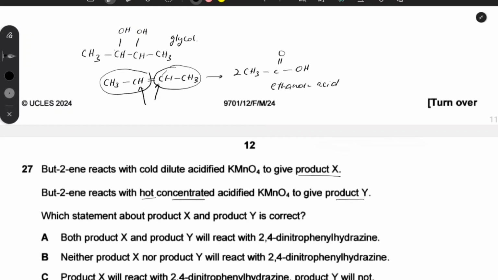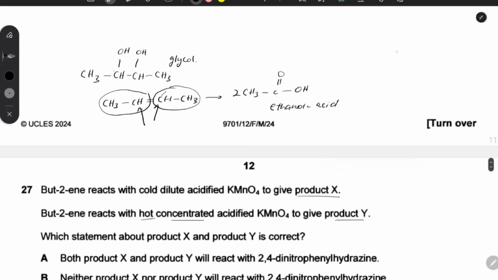Surely these cannot react with 2,4-DNPH, because this is basically a test to identify whether in our solution there is aldehyde or ketone. If there is any aldehyde or ketone, then precipitates will appear, otherwise there will be no change. So because this is glycol and this is ethanoic acid and neither of these is an aldehyde or ketone, there will be no test with this agent, right?